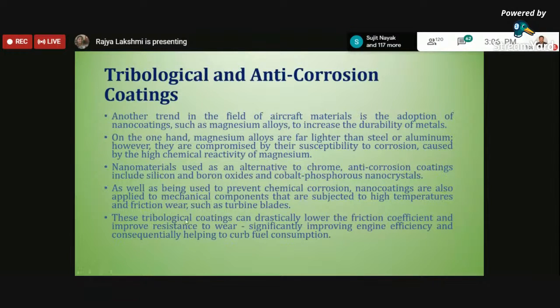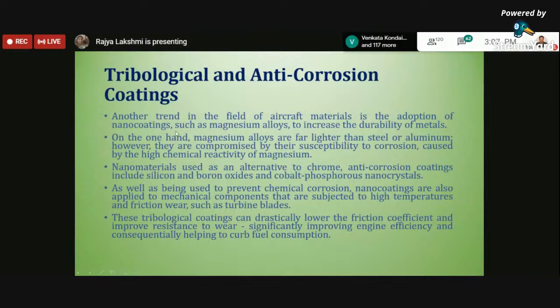When it comes into contact with oxygen, flames will come. It is a highly flammable material. That is because of the chemical reactivity of magnesium. It is not that widely adopted in various industries, even though it is superior in all other properties. That is the basic reason.